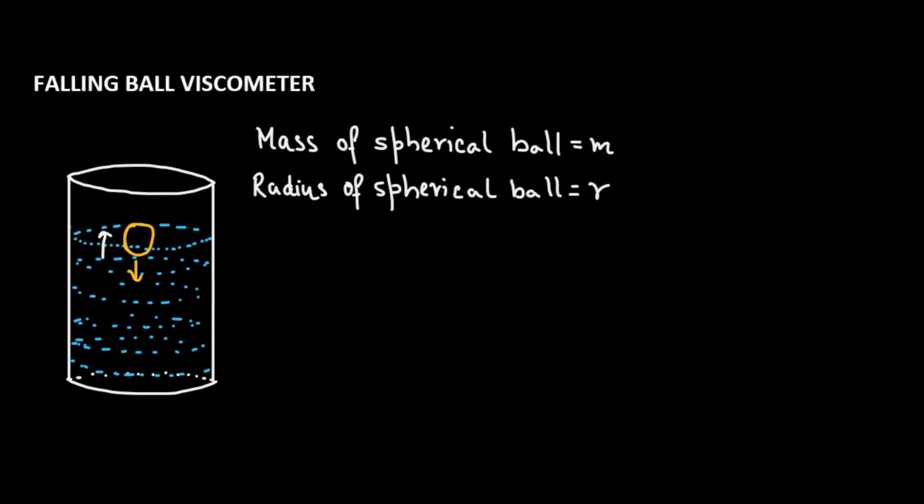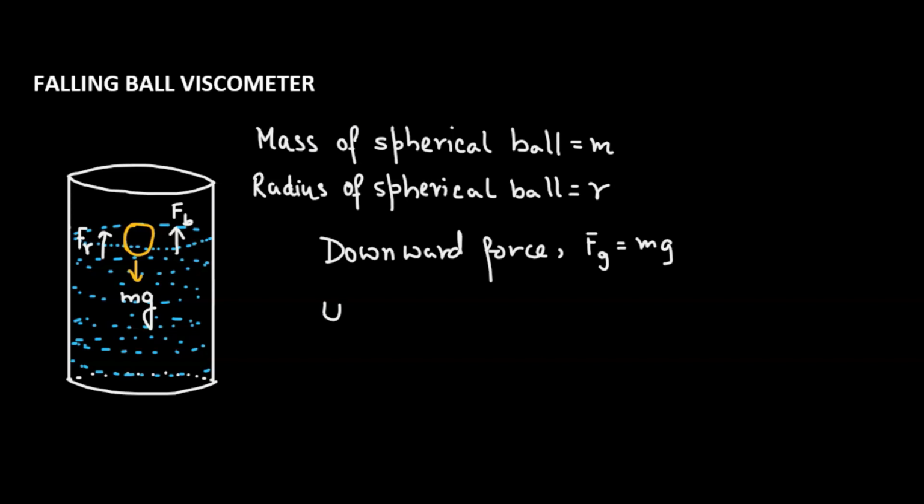So we have a downward force, which is the force due to gravity, that is mg, acting downwards. We have the viscous drag force, let's call it F of R, the resistive force, which is acting upwards. And of course, there's always going to be the buoyancy force, F of B, which is also acting upwards. So let's note them down. We have the downward force, which is given by Fg equals mg.